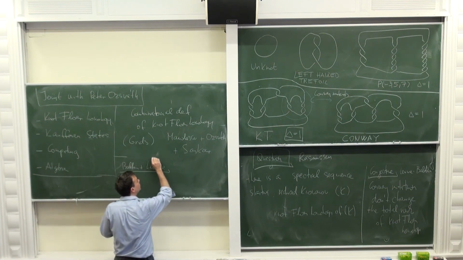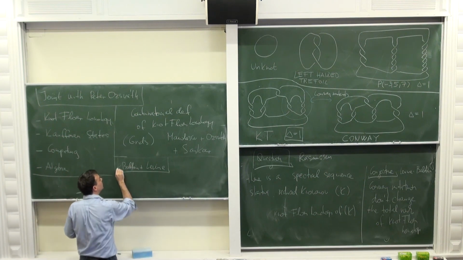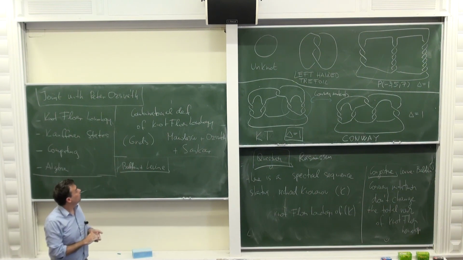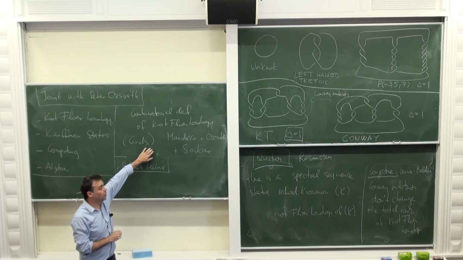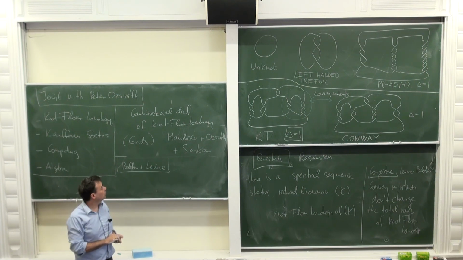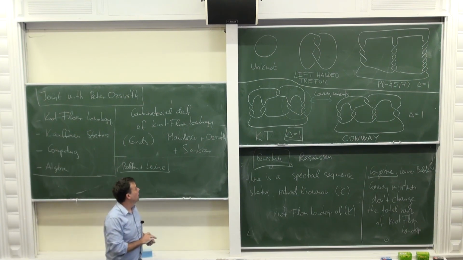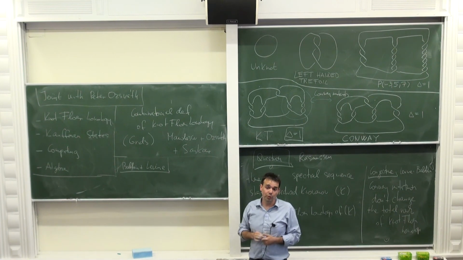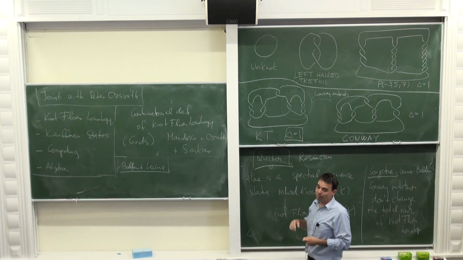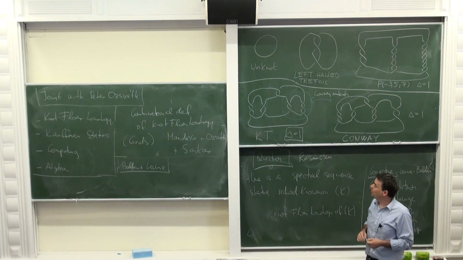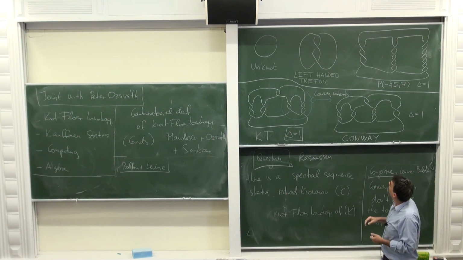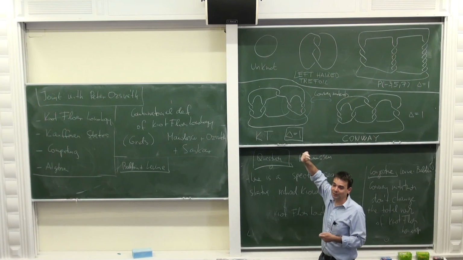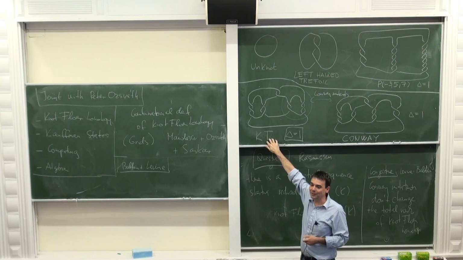Just to say a few things, I'm not sure how easy it is to use the other methods, but I spent some time on this combinatorial or grid presentation of knot Floer homology. For small knots it works beautifully, so if there is a computer program that makes computations for knot Floer homology, and you plug in the Conway knot or the Kinoshita-Terasaka knot, it computes the answer in a few seconds.